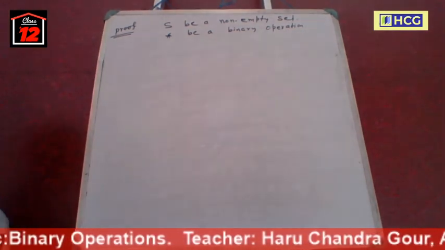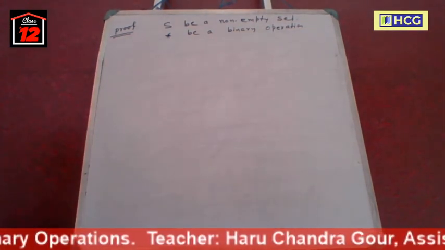Then if the identity element exists, we can prove that the identity element is unique.